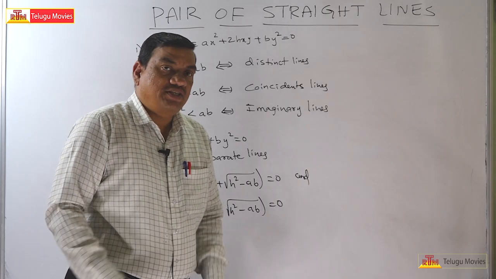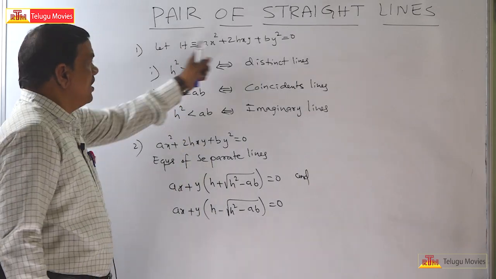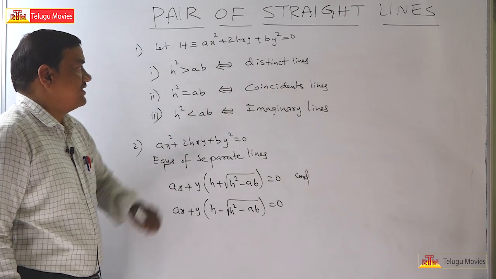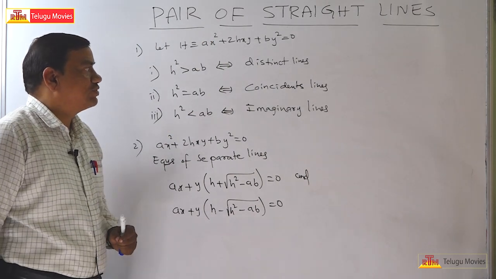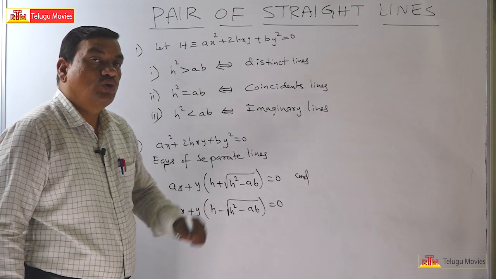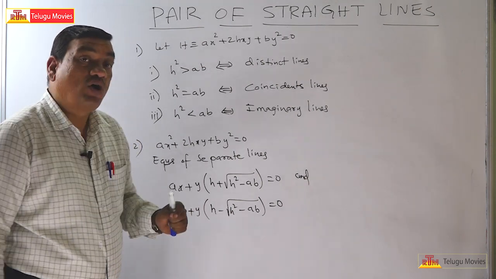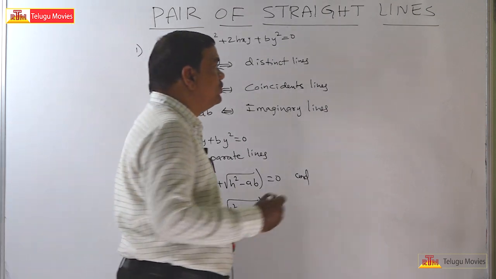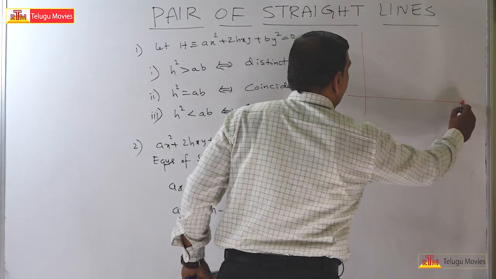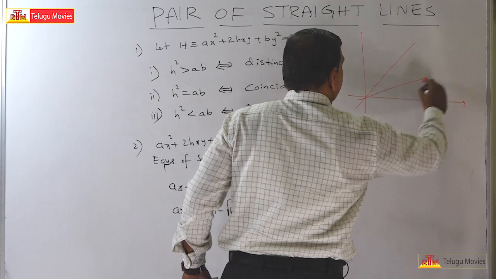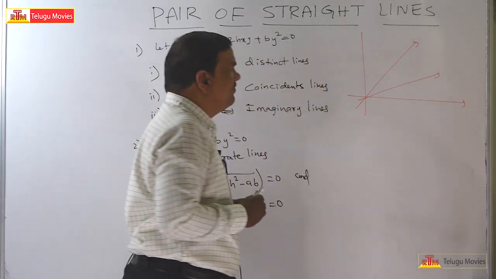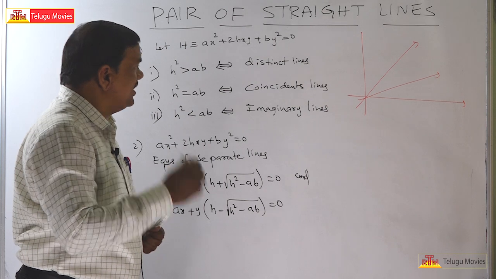Welcome to this concept. Here we already told that ax square plus 2hxy plus by square is equal to 0 represents a pair of straight lines passing through origin. When these two straight lines are passing through origin, there will be only three cases.